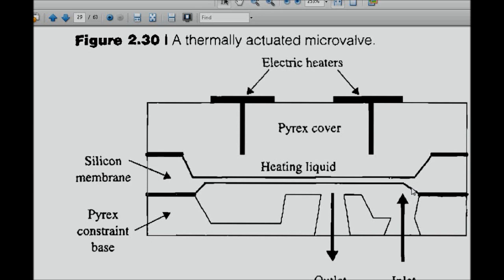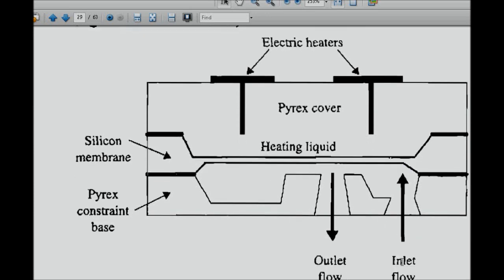This downward bending of the silicon diaphragm regulates the inlet and outlet. Let's say the fluid or gas is coming here, filling up for the proper pressure, and going out. Suddenly this area will get choked and close down up to here because of the application of heat through the electric input.